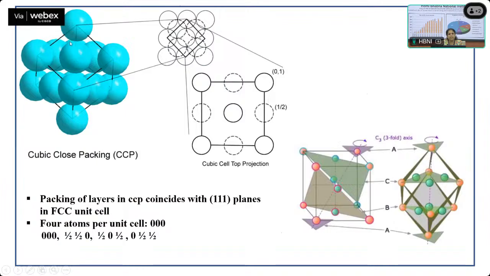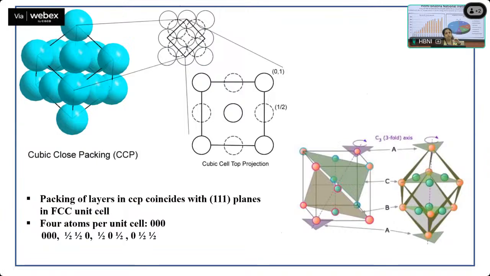If you see that it is A, B, C and again A. But your FCC unit cell actually can be viewed in this way. If you remember your Miller indices, you can see that the close packed layer, which will become more clear in the next slide, lies along the 111 plane of the unit cell.